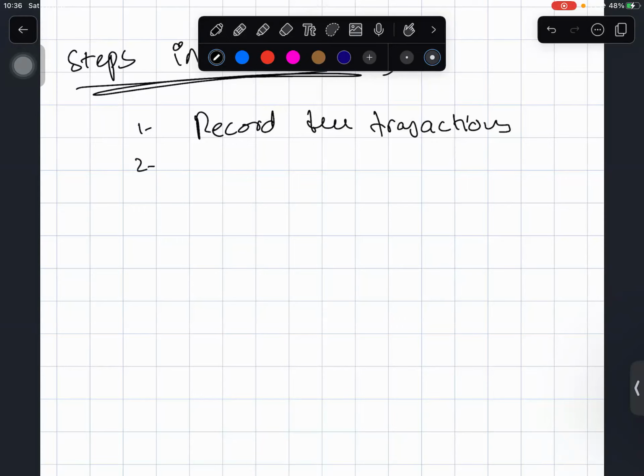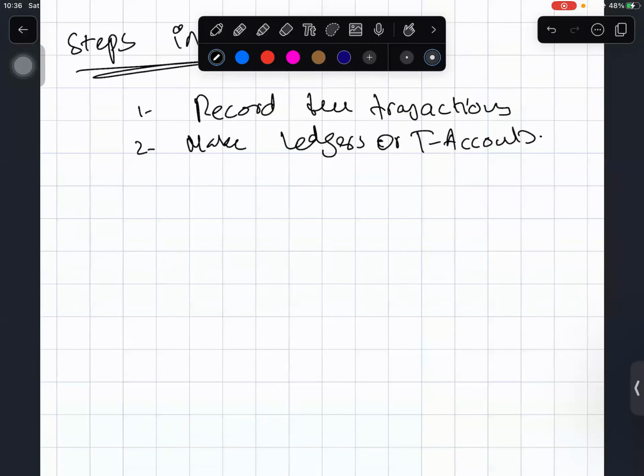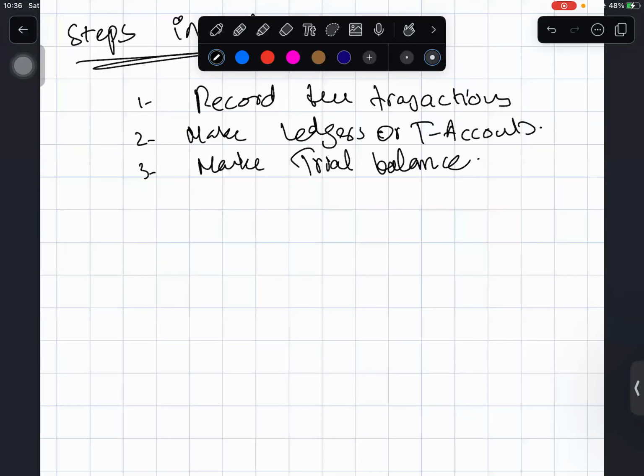Once we have recorded the transactions, we make ledgers, or they can also be called T accounts. Ledgers and T accounts are one and the same. Once that is done, we make the trial balance. And once that is done, we get to the financial statements.